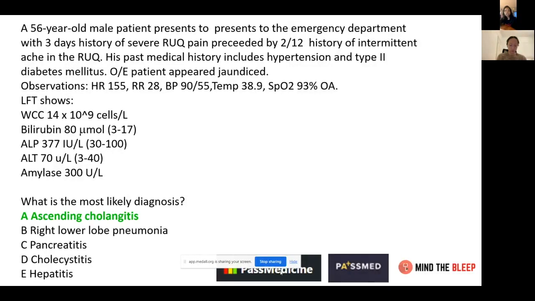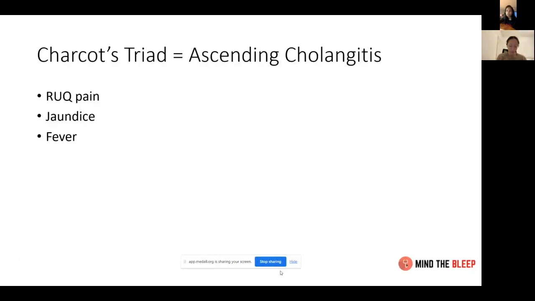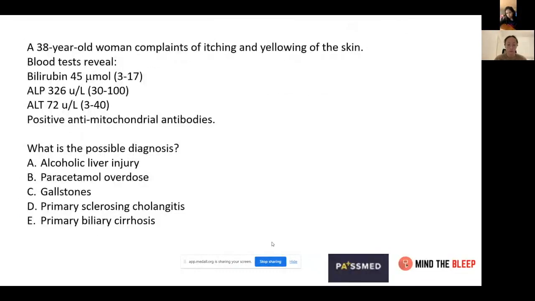Not many patients with pancreatitis would actually present with jaundice, one. And secondly, if someone actually did have pancreatitis, their amylase would be much more elevated than this. So Charcot's triad, ascending cholangitis: right upper quadrant pain, jaundice, and fever. Okay, so this next question.